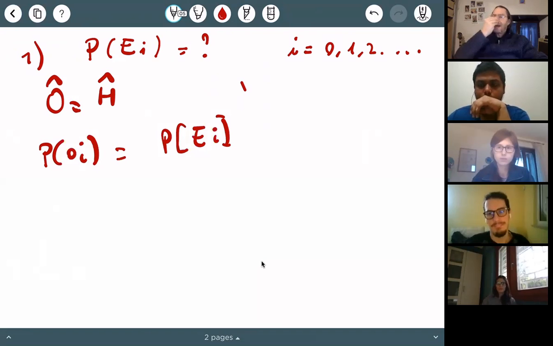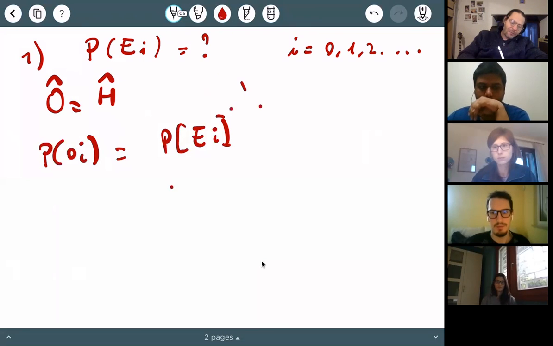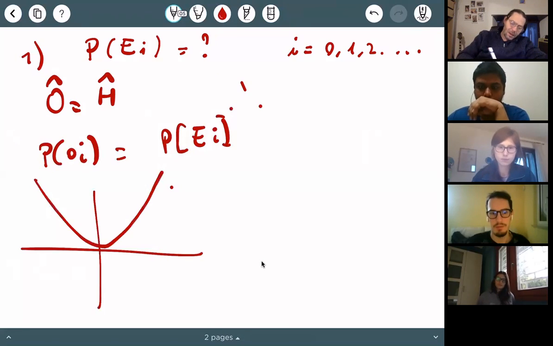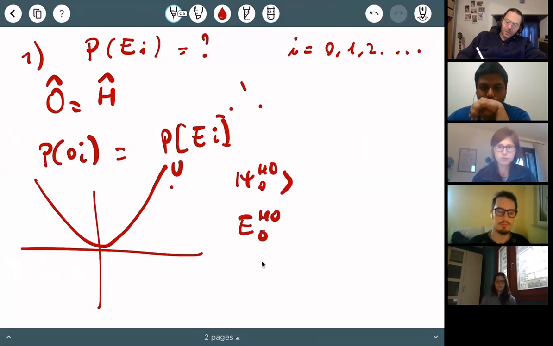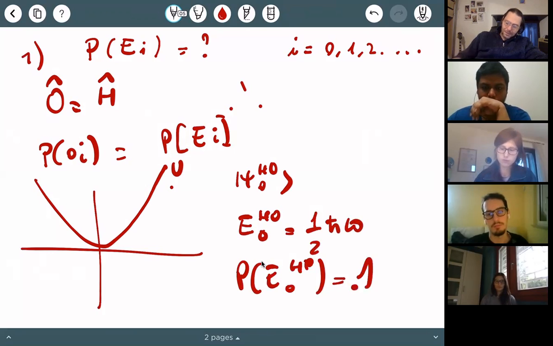So if I have my system in the ground state of the Hamiltonian operator, and then I ask you to make a measurement, knowing that it is in the ground state, the only eigenvalue we get is the ground state energy, with probability 1. Do you agree?